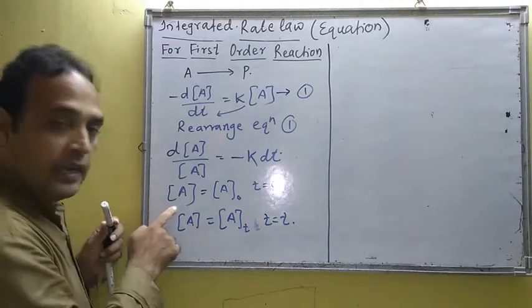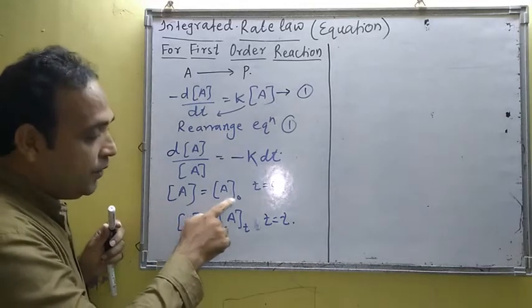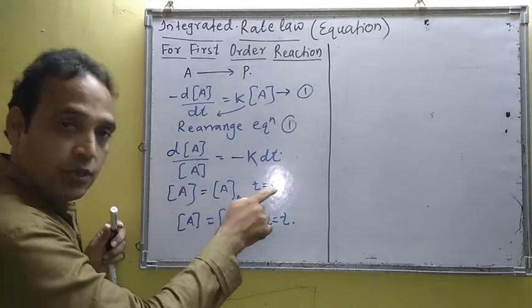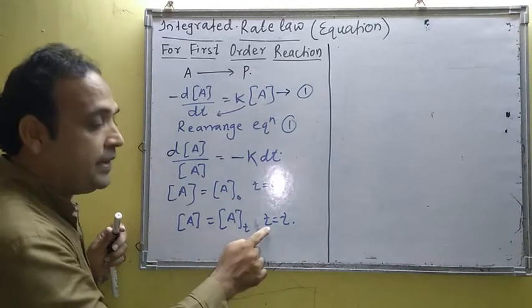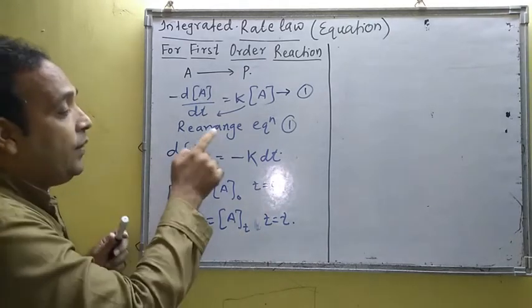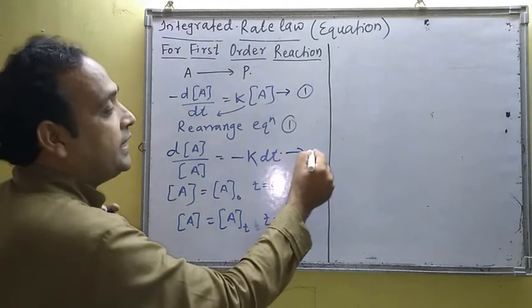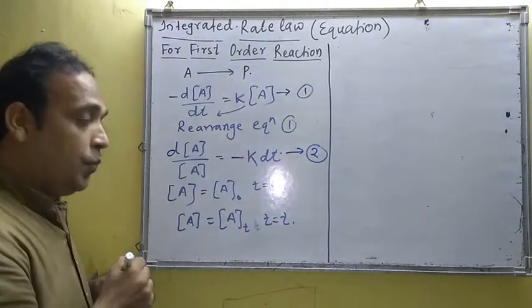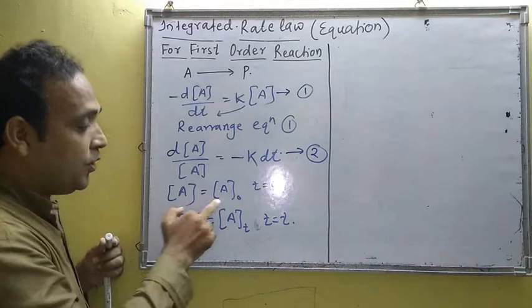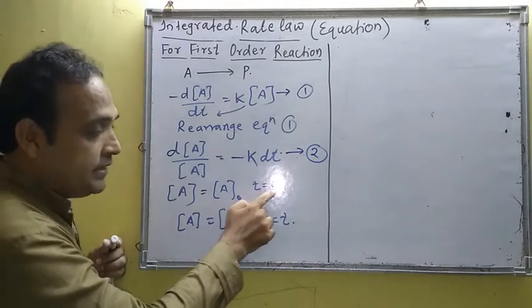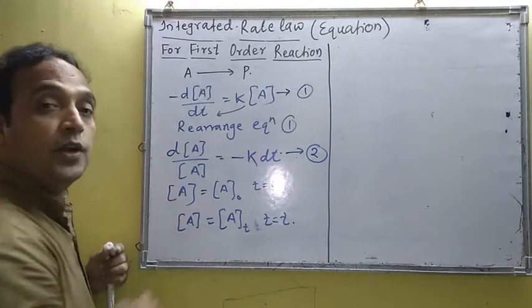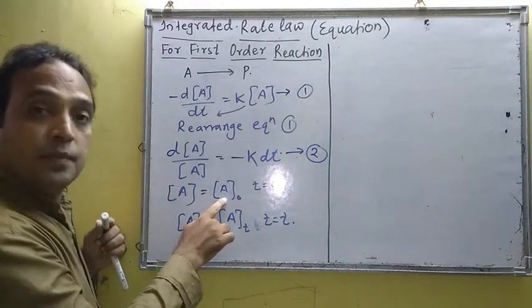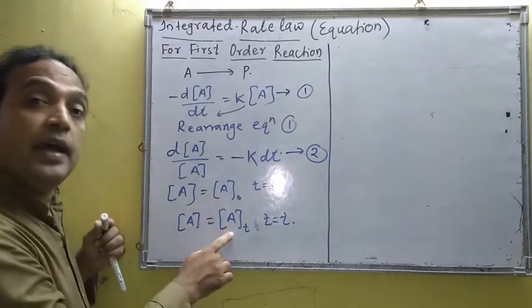Suppose concentration of A is equal to A0 when time t is equal to 0 and concentration of A is equal to At when time t is equal to t. Now integrate this equation, that is equation number 2, within the limits A equal to A0 when t equals 0 and A equal to At when t equals t. Means A0 is my lower limit and At is my upper limit.